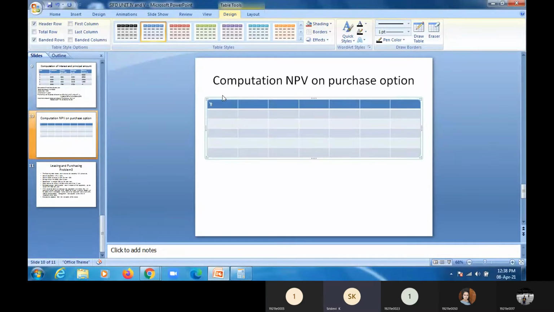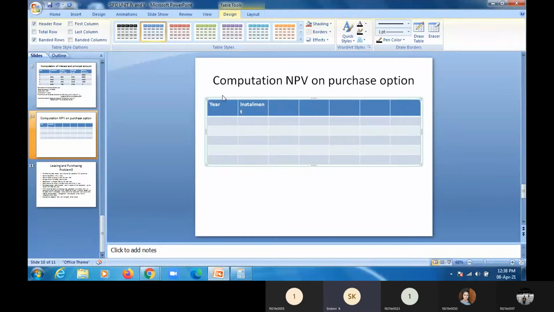First you always keep the year column name as year. And second column installment payment. And third column tax shield on interest.